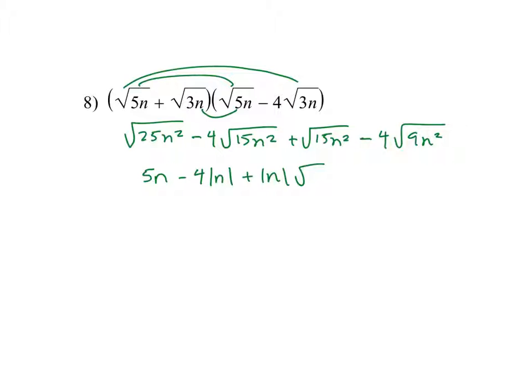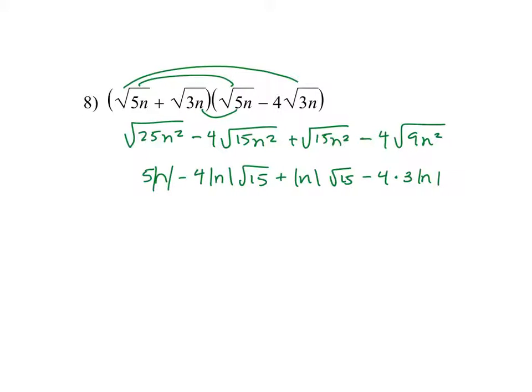Wait, I'm missing something here, so this is square root of 15 plus absolute value of n square root of 15 minus 4 times 3 absolute value of n. So I have 5, and let's start by doing it another way, right?